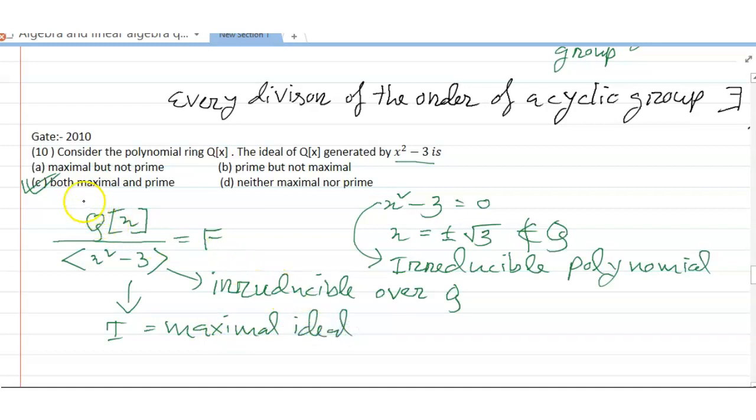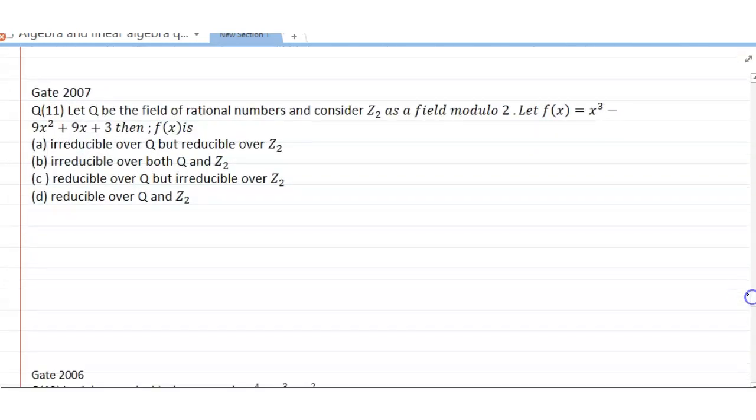The converse is not true, however here it is both maximal and prime. We are going to solve the next problem.